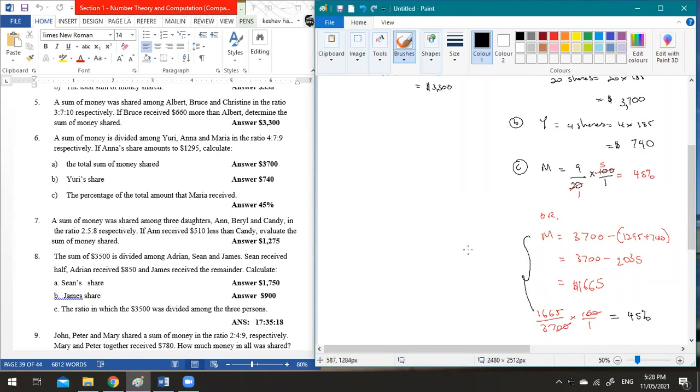This way is longer and more complicated, so I'd suggest you use the number of shares instead. Right?